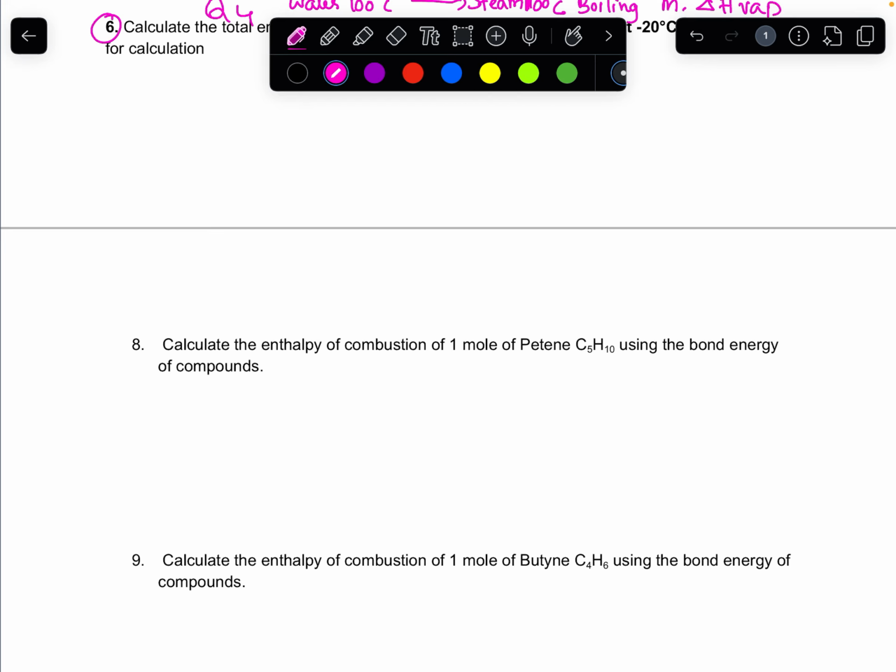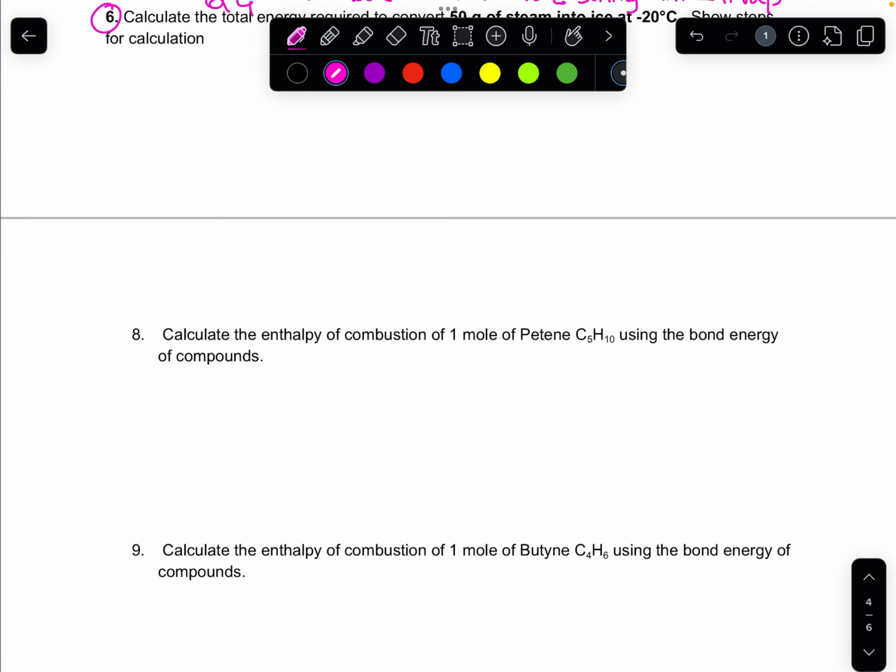Okay, next one, it is asking a bond enthalpy question. So it says pentene. I'm going to write the formula C5H10 plus O2 giving CO2 plus H2O. First balance it. There is 5 carbon, so I'm going to multiply this.